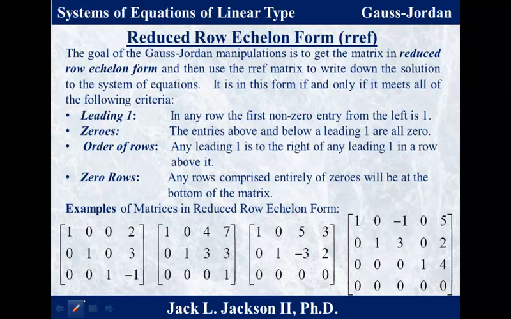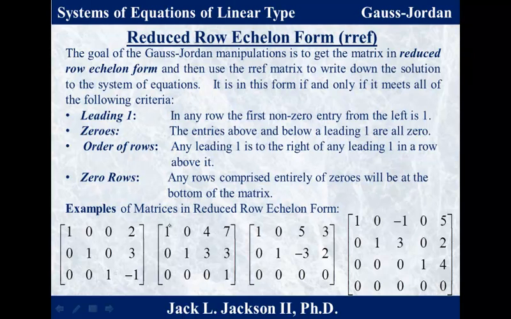Now, the order of the rows. Any leading 1 is always to the right of any leading 1 in a row above it. So I have a leading 1 here. I cannot have a leading 1 right below it. I should be able to eliminate that using an elimination step and get a 0. So the leading 1 has to be to the right, which is here. And then the next leading 1 is to the right. So ideally, they're down a diagonal here.